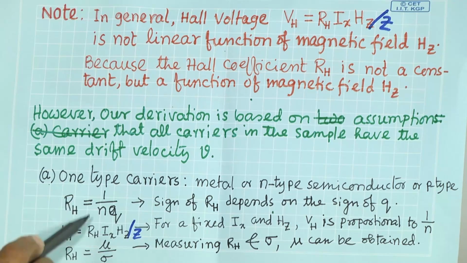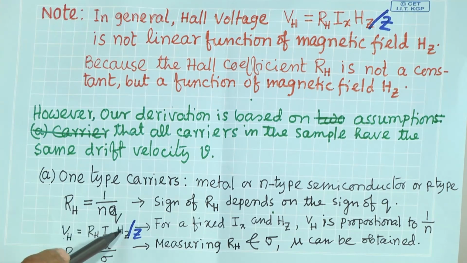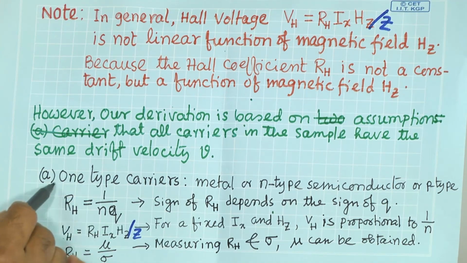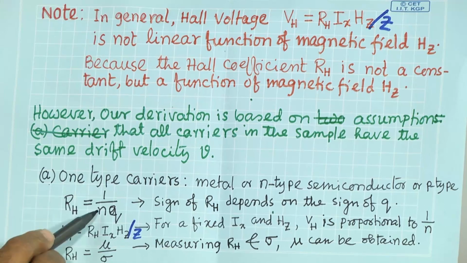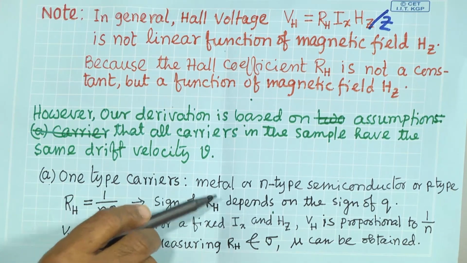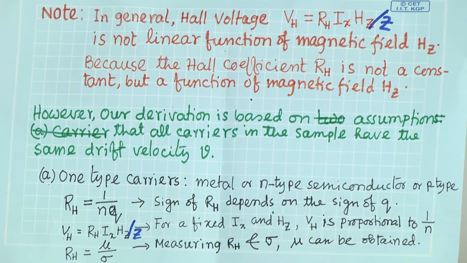From there, Hall voltage is a function of magnetic field, and from there you can find out the RH. If you find out the RH, then you will get the sign as well as the carrier density.